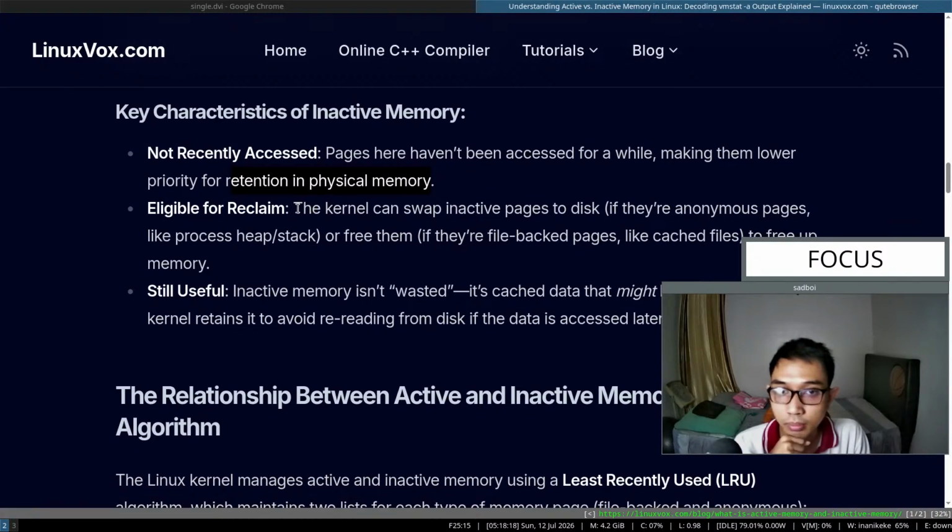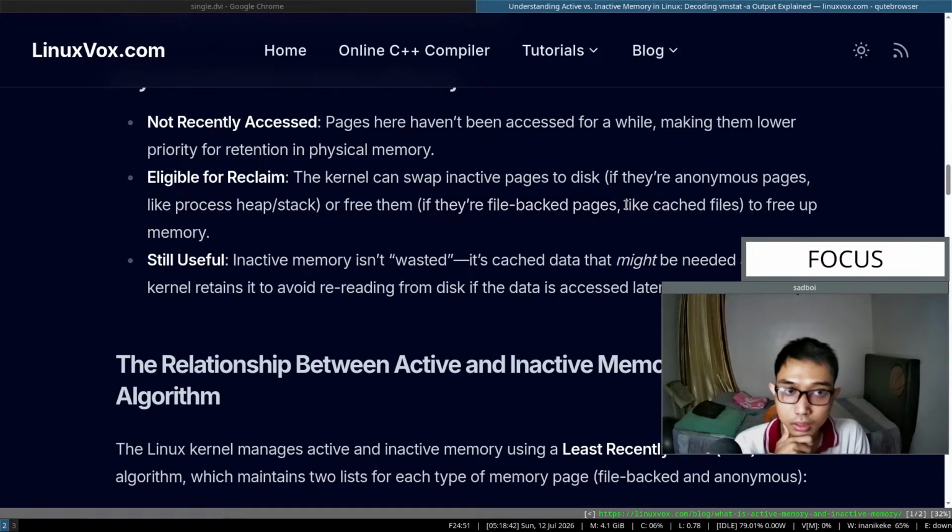Eligible for reclaim: the kernel can swap inactive pages to disk if they are anonymous pages like process heap or stack, or free them if they are file-backed pages like cache files, to free up memory.